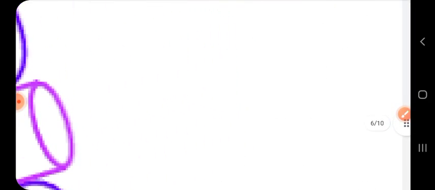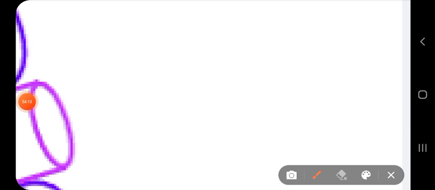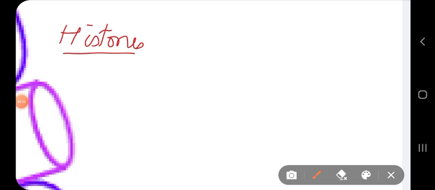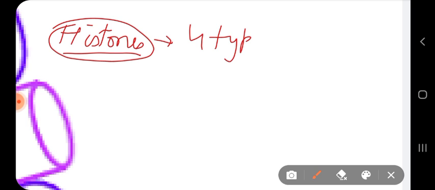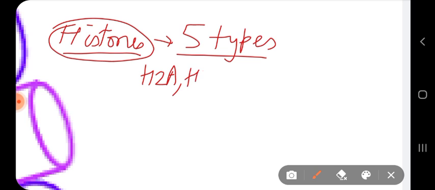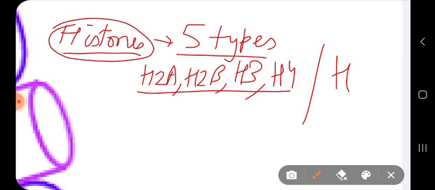If I say in short, there are four types of histones. If I talk about histones, it will become a lengthy part. Actually, there are five types of histone. Sorry for that. There are five types of histone: H2A, H2B, H3, H4, and H1.